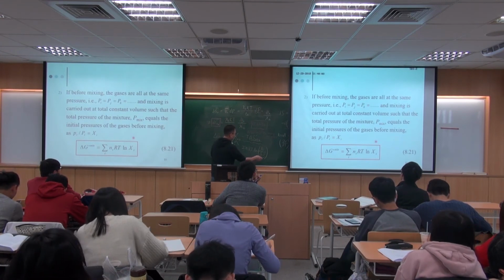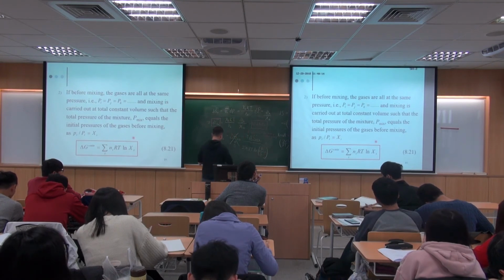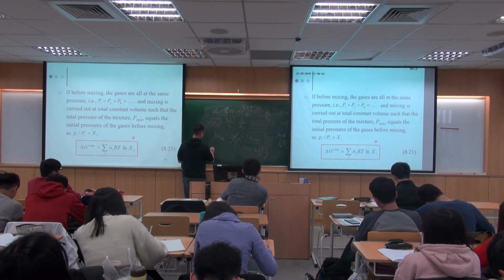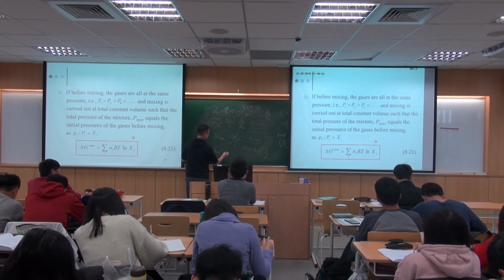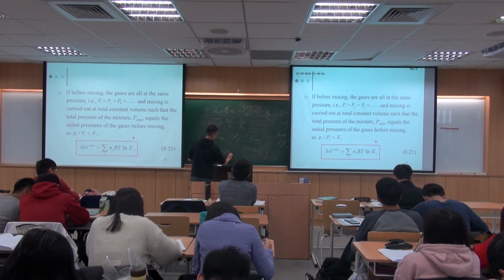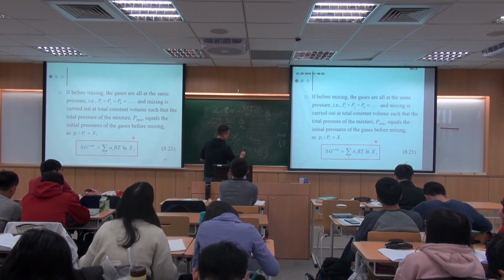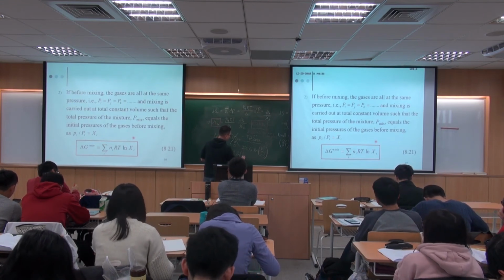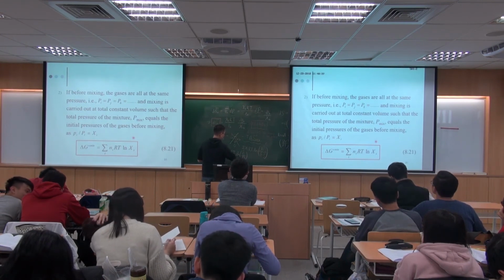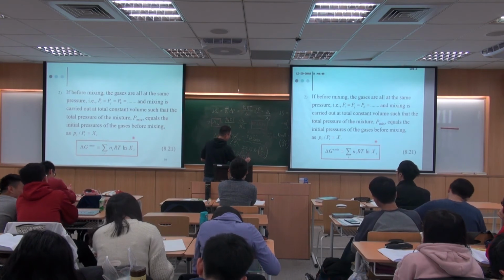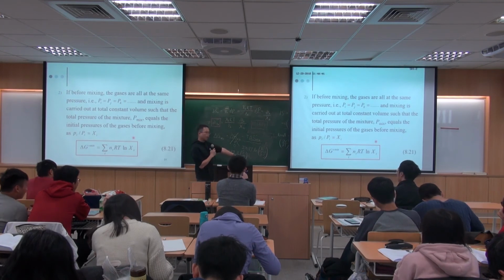So it simply means that if we consider this as pi over capital P, this will be just x_i. So delta G mix is N_i RT log x_i.